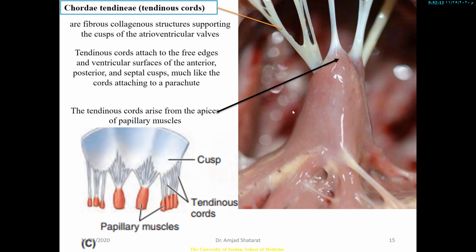Chordae tendineae are fibrous collagenous structures supporting the cusps of the atrioventricular valves. Tendinous cords are attached to the free edges and ventricular surfaces of the anterior, posterior, and septal cusps, much like the cords attaching to a parachute.